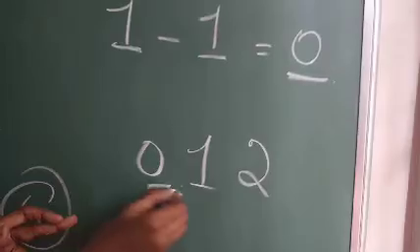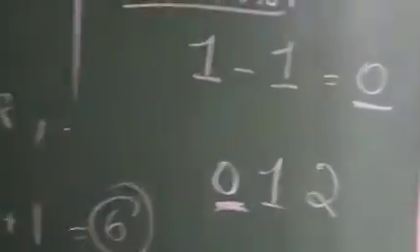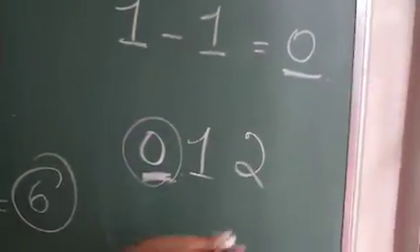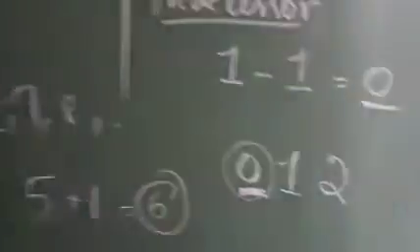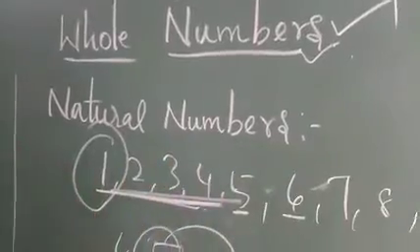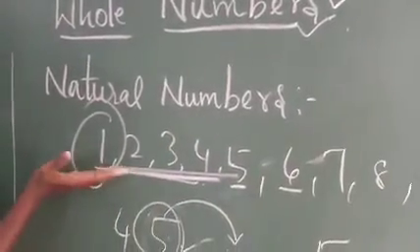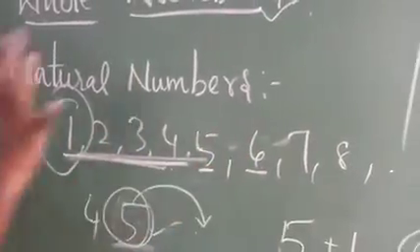So here you see, in natural numbers the numbers start from 1, but if a number starts from 0, we call those numbers the whole numbers. Our natural numbers start from 1, 2, 3, 4, etc., and it goes on.